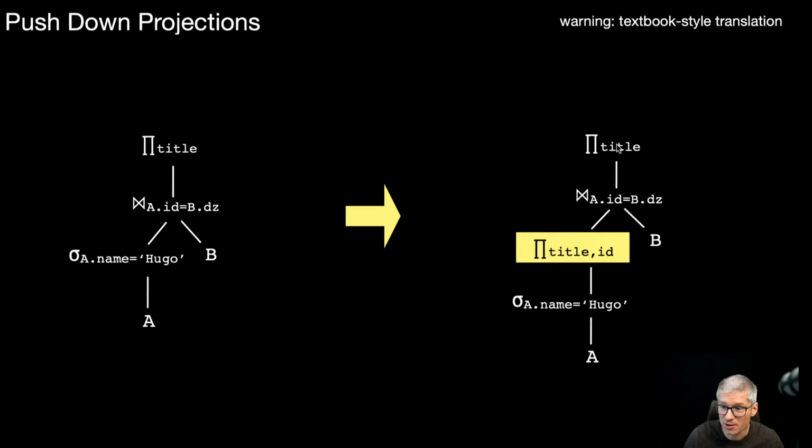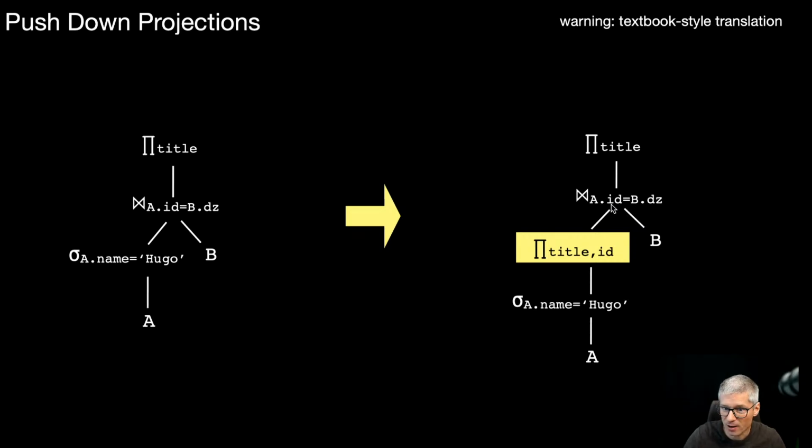In this situation, you can replicate projections. Basically here, we insert additional projections. And here in the example, I insert a projection to title, ID, which means after the selection, after having filtered out all of the qualifying tuples here, I only keep the attributes title and ID, because those are the only attributes that are actually required later on for query processing.